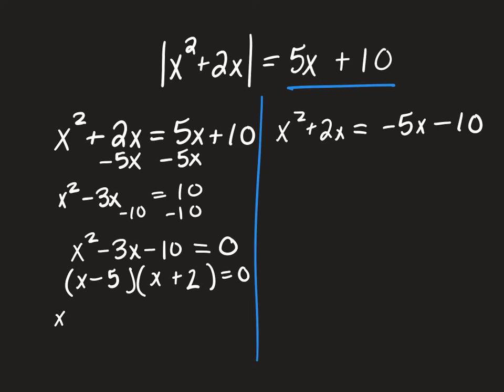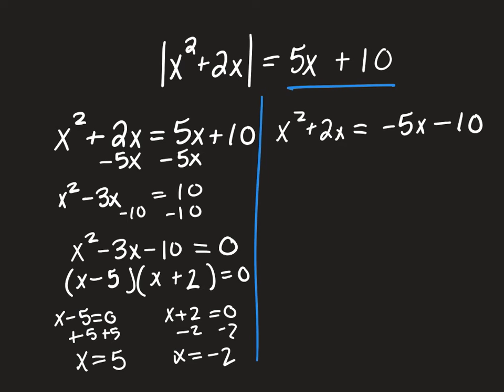And then we just set both of those factors equal to 0. And so then add the 5, so we get x equals 5 and x equals negative 2. So for these, we can get up to 4 solutions. You won't always have 4 necessarily, because sometimes you'll have a solution that repeats itself.